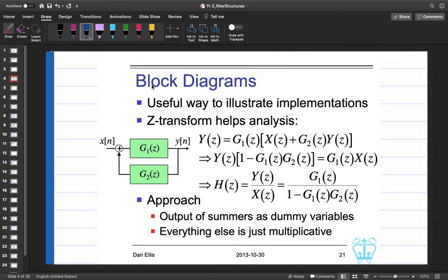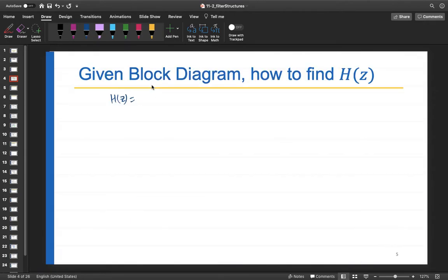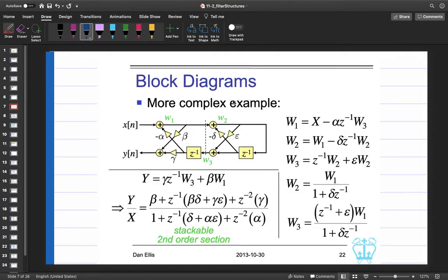I will take the same example here: G1(z) upon 1 minus G1(z) G2(z). In case you are wondering what these G1(z), G2(z) are, look at this figure.